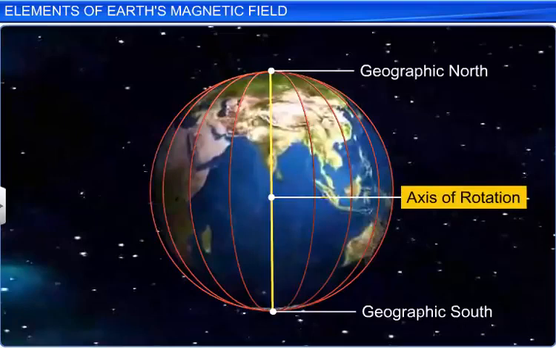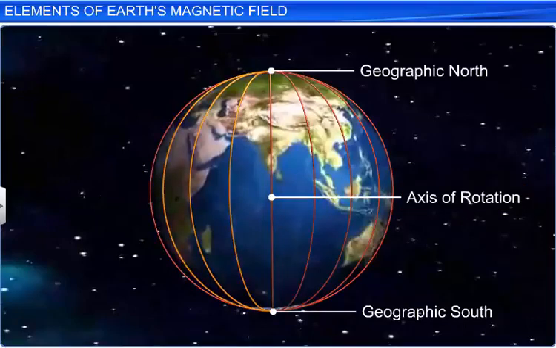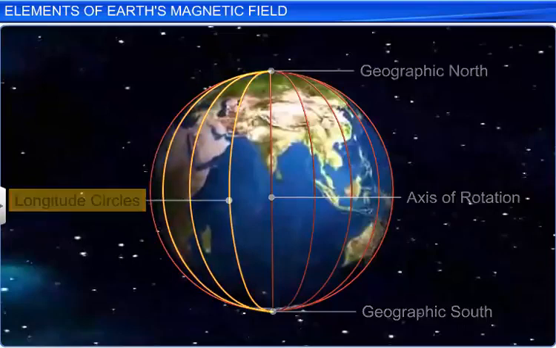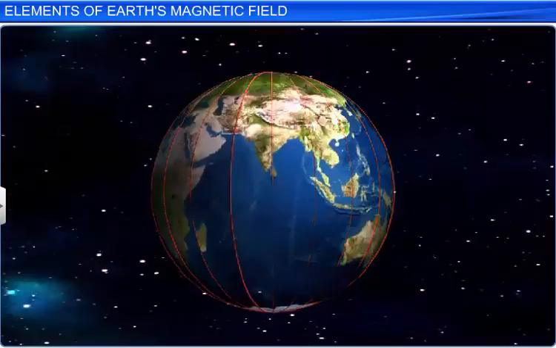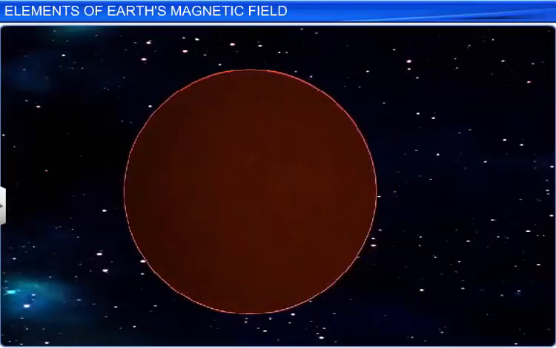These imaginary circles are called longitudes. Each of these circles, along with the Earth's axis of rotation, can be drawn in one plane. This plane is called the geographic meridian.